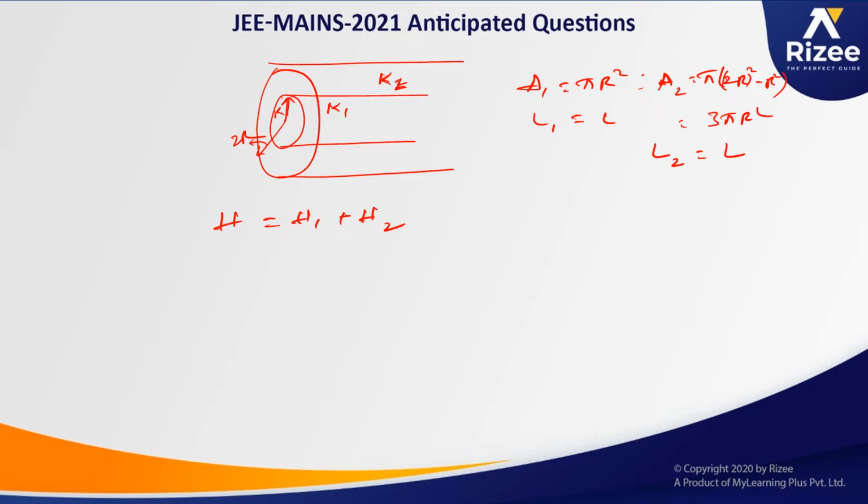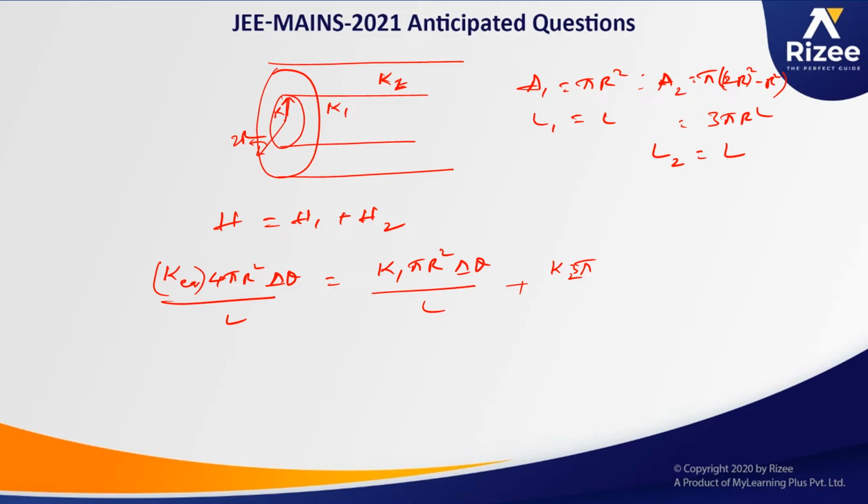In this one the denominator L is the same, so I am directly going for K equivalent into the total area, which is 4 pi r square, into temperature difference delta theta, which is the same, by length traveled L. This equals K1 into pi r square into delta theta by L, plus the second one, K2 into 3 pi r square into delta theta by L. On solving this you get K effective as (K1 plus 3 K2) by 4.